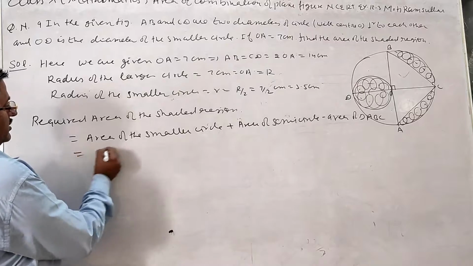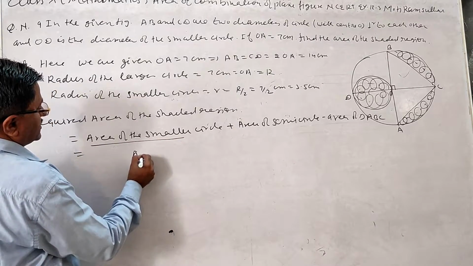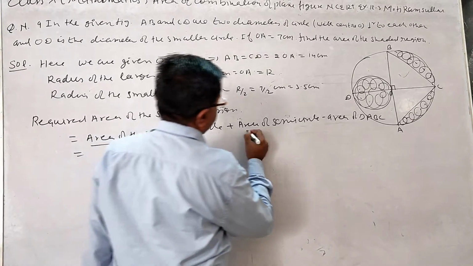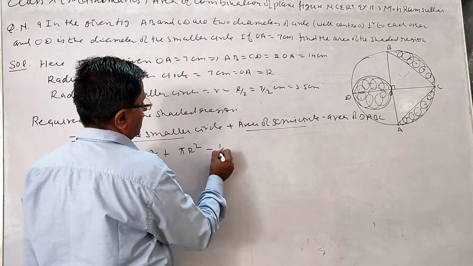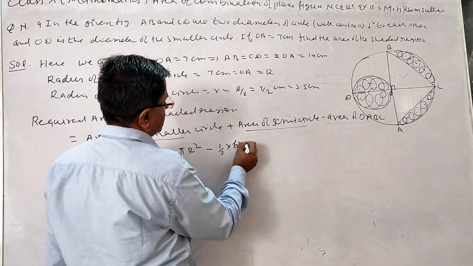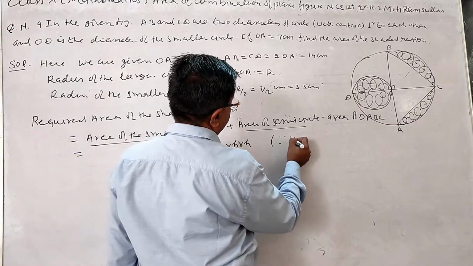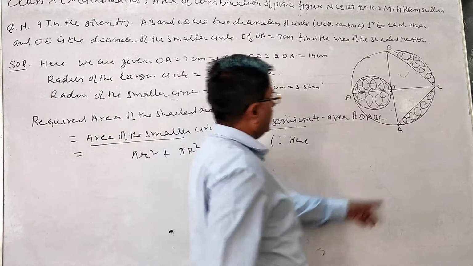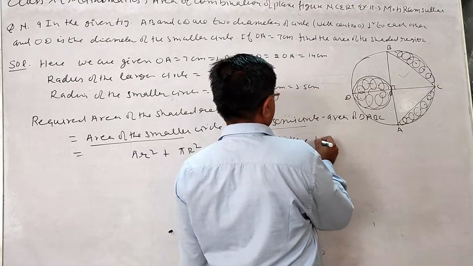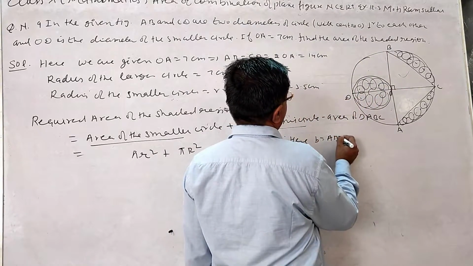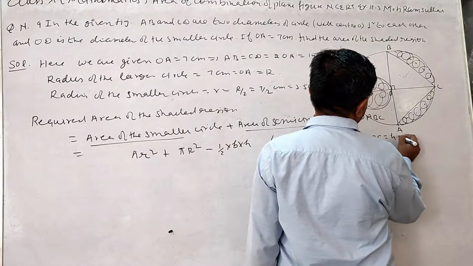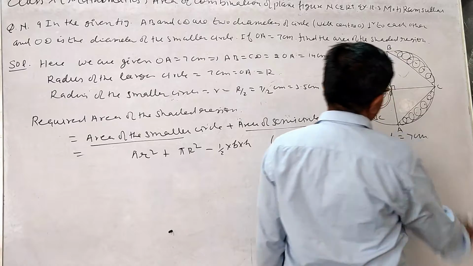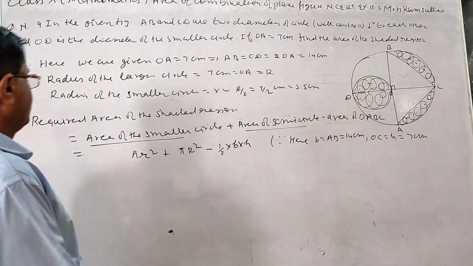So the area of the smaller circle, that is pi r square, plus the area of the semicircle. Now this we are taking a different radius, capital R, minus the area of the triangle. This triangle is a right triangle. Here you can take base as AB, which is 14 centimeter, and height, that is OC, which is 7 centimeter.